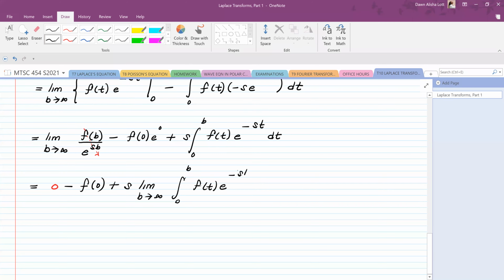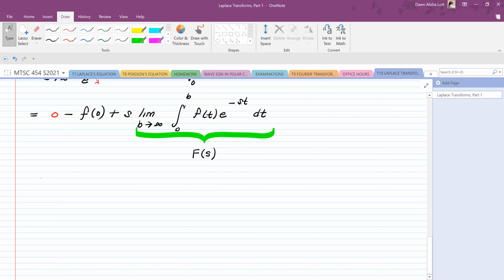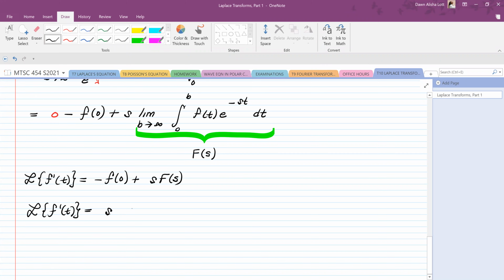Well, we just did this. That's just big F of s. So the Laplace transform of f prime of t turns out to be minus f of 0 plus s times F of s, and we normally write it as s F of s minus f of 0.